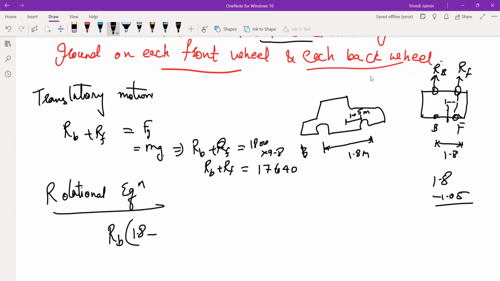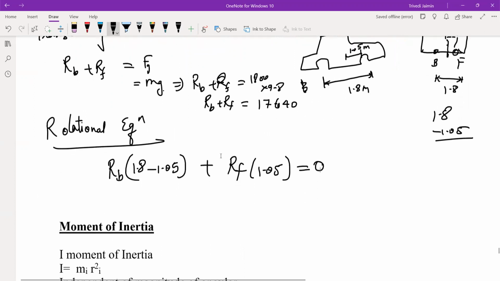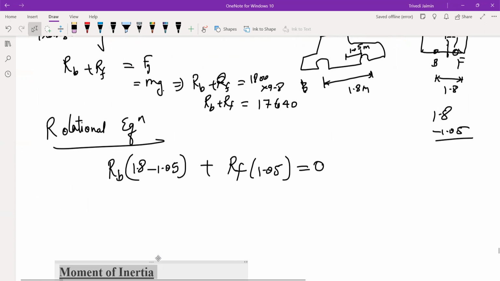So 1.8 minus 1.05 plus RF, which is 1.05, should be equal to 0. So here we'll get what? RB equals 1.4 RF.